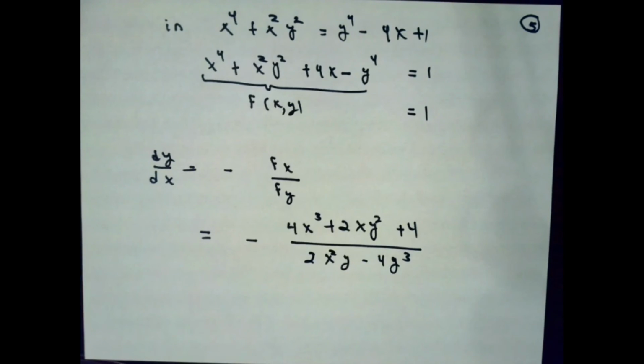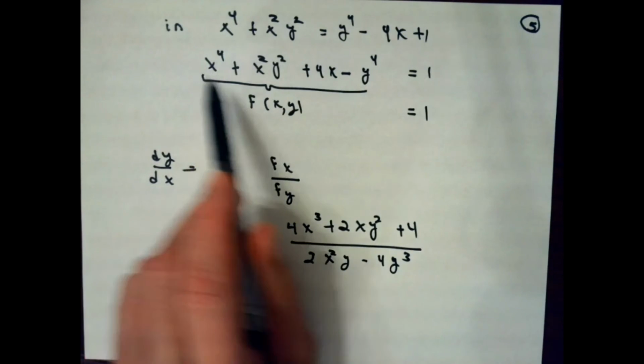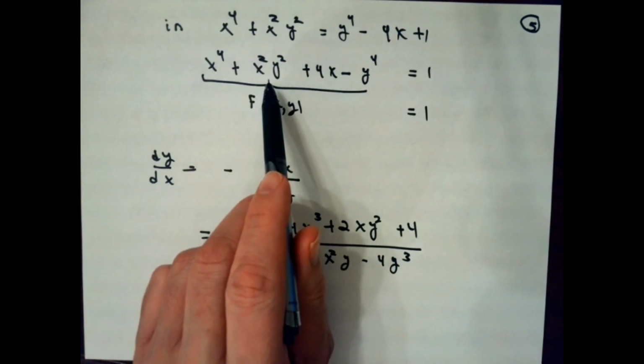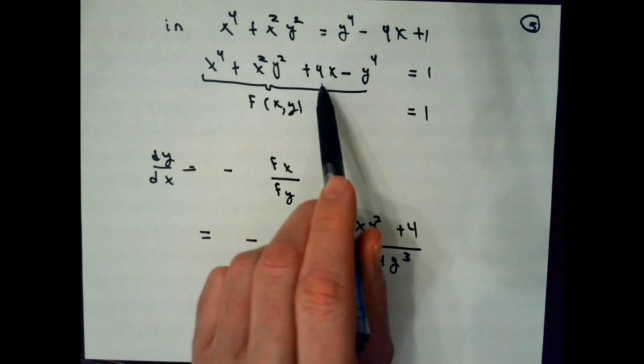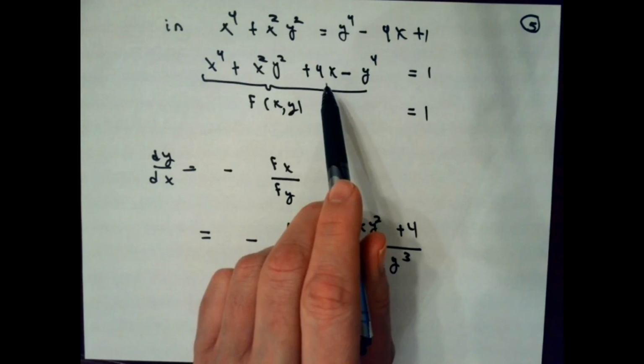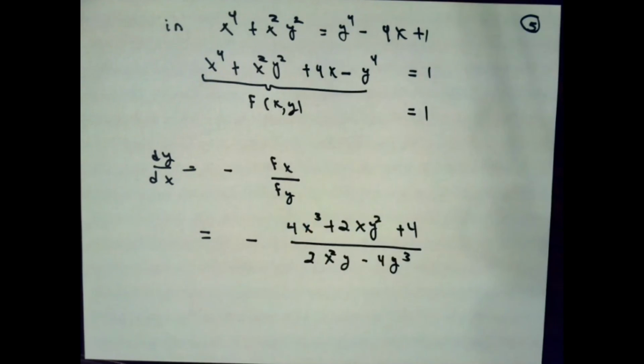Meanwhile, the partial of f with respect to y within this same context is 0 plus x squared times 2y, 2x squared y. 4x has no y in it, minus the partial derivative of y to the fourth power with respect to y is 4 times y cubed.